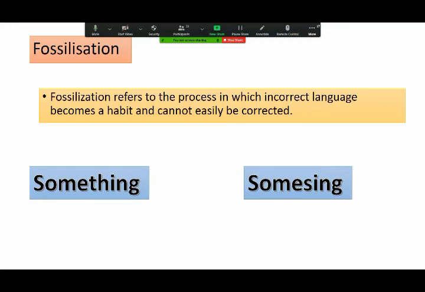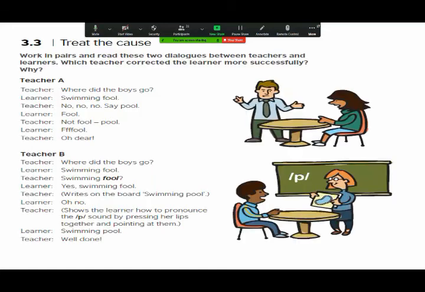So we have two different dialogues between the teachers and learners. The question here is: which teacher corrected the learners successfully? You have 5 minutes to do this activity. Please prepare your answer.